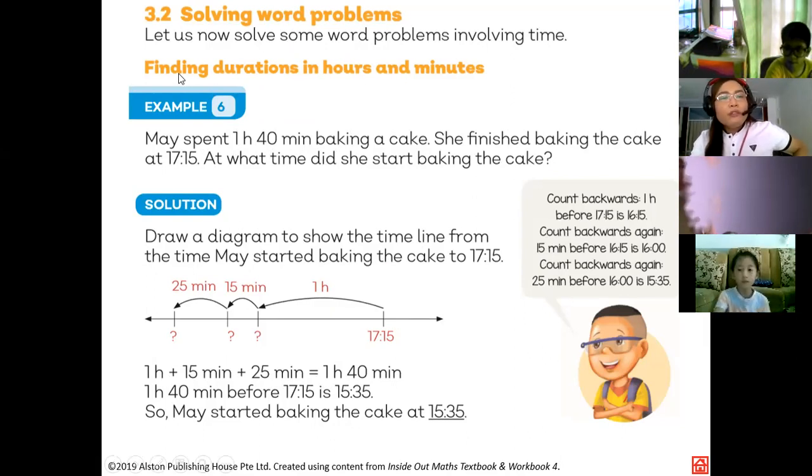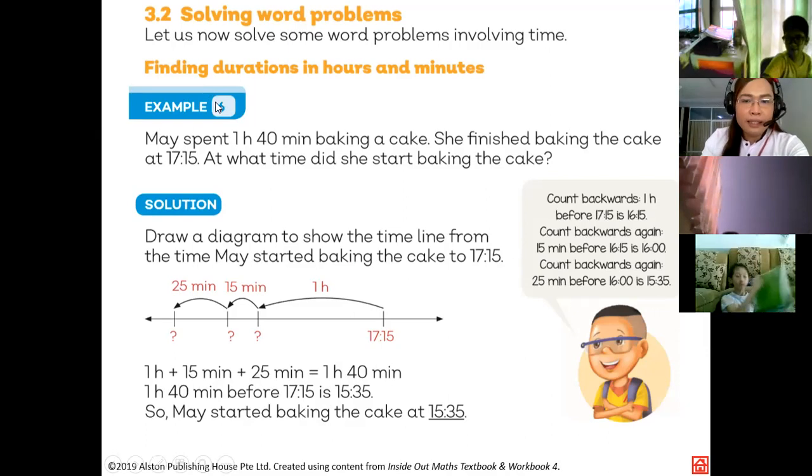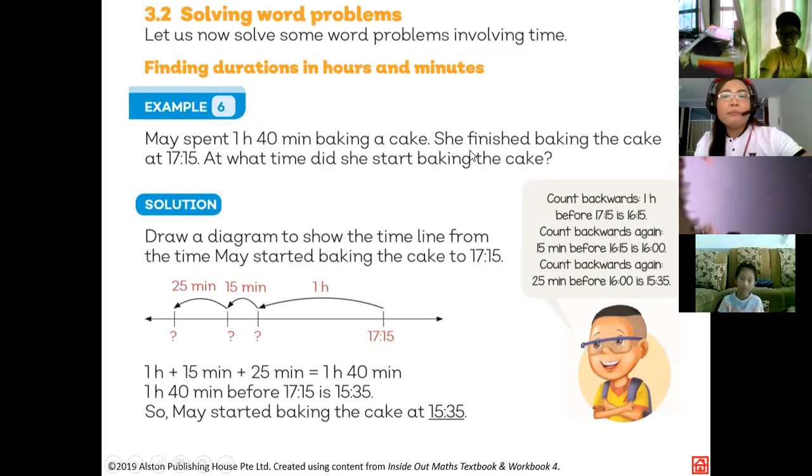So here, finding duration in hours and minutes. So we have example number 6. I'm gonna read it. Example number 6. May spent 1 hour and 40 minutes baking a cake. She finished baking the cake at 17:15.